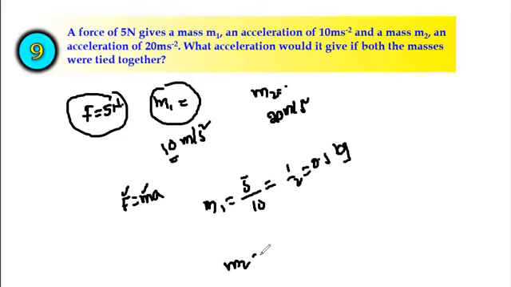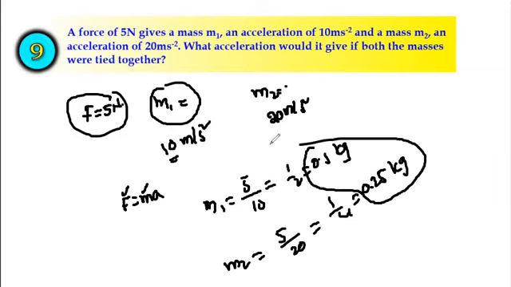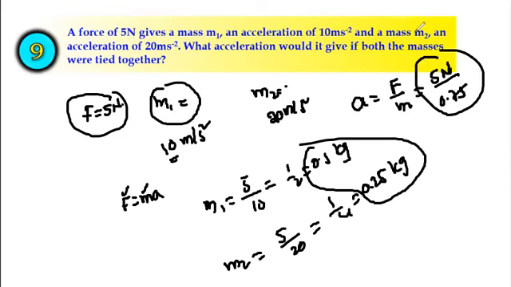And m2 is equal to 5 by 20, that equals 1 by 4, that equals 0.25 kg. Now these are the two masses. Now add the two masses together and we need to find the acceleration. a is equal to force by mass. Force is 5 newtons, and mass is 0.5 plus 0.25, that is 0.75. Simplify, then you will get the answer.